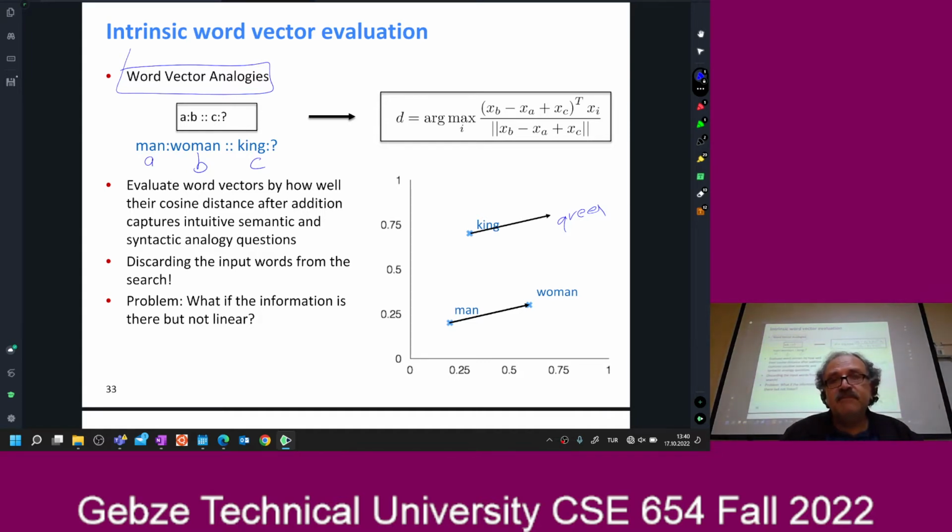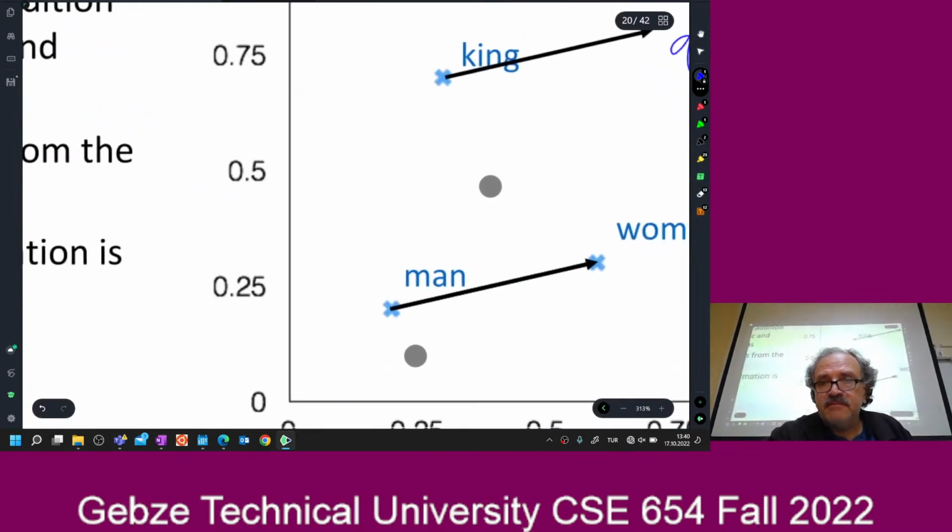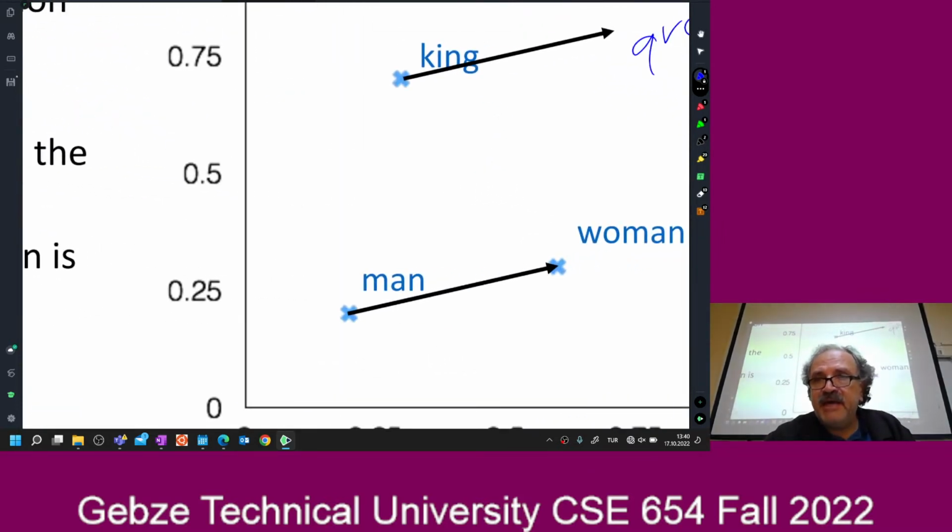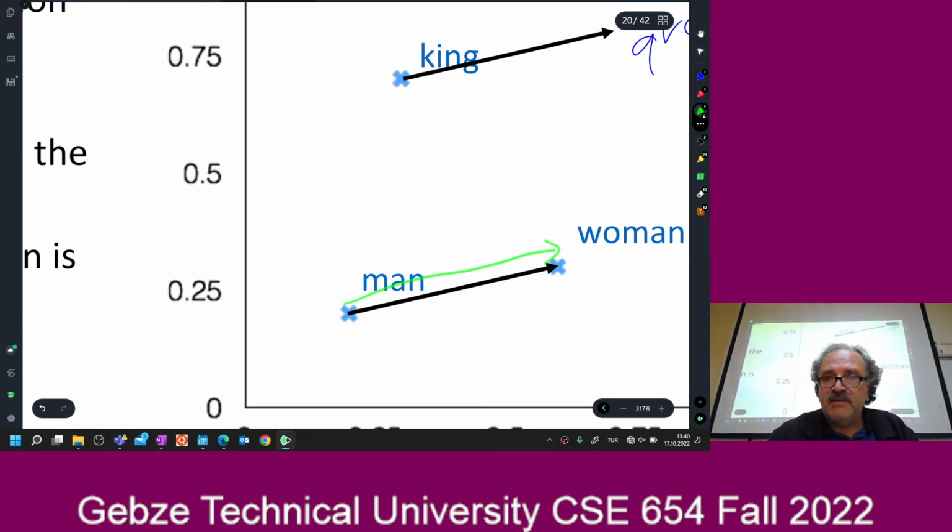We said that if I take this vector between man and woman like this, maybe I shouldn't do it this way.